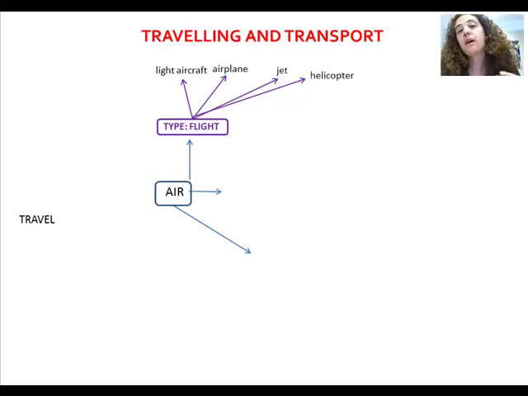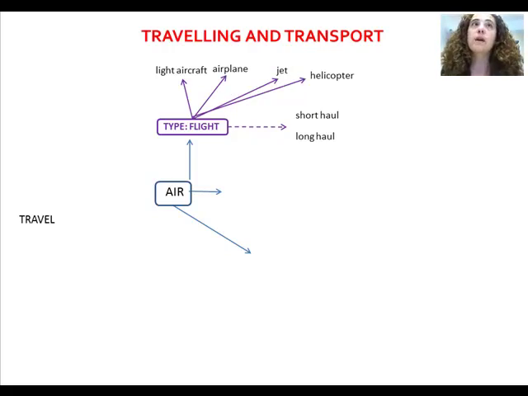All these have differences between them. Of course, it's not the same to travel by jet as by a light aircraft, which is a very small airplane. A jet is a private big airplane. So they're different, and we could range them depending on the size, or whatever is going to help us remember. Also, depending on the distance, we can talk about short haul or long haul.